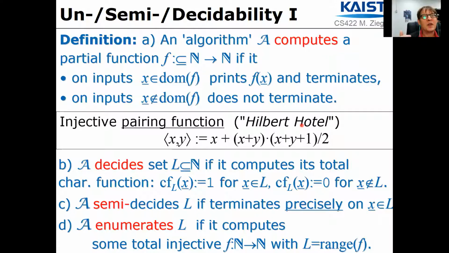The clerk of the hotel, with countably infinitely many rooms which are all occupied, rooms numbered from 0 to 1 to 2 to 3, starting with 0 because we're computer scientists, will ask every single guest in his or her room to move to the room with the next larger room number, from room n to room n+1.